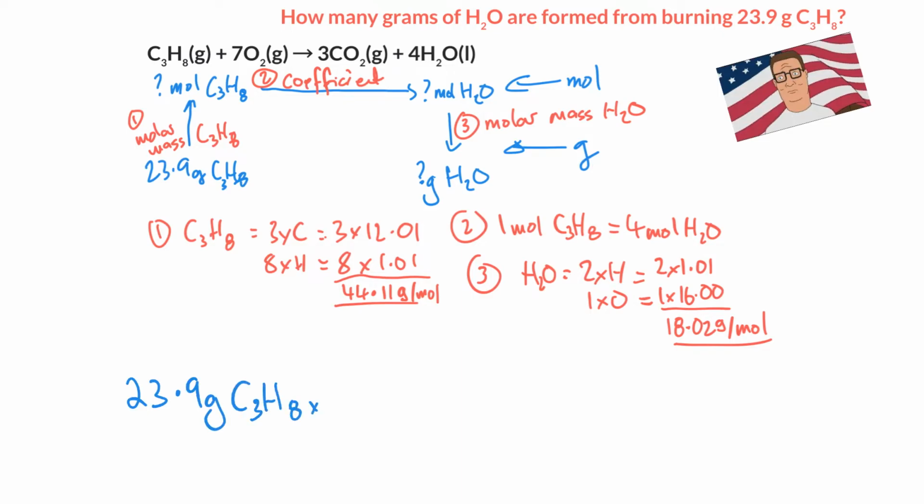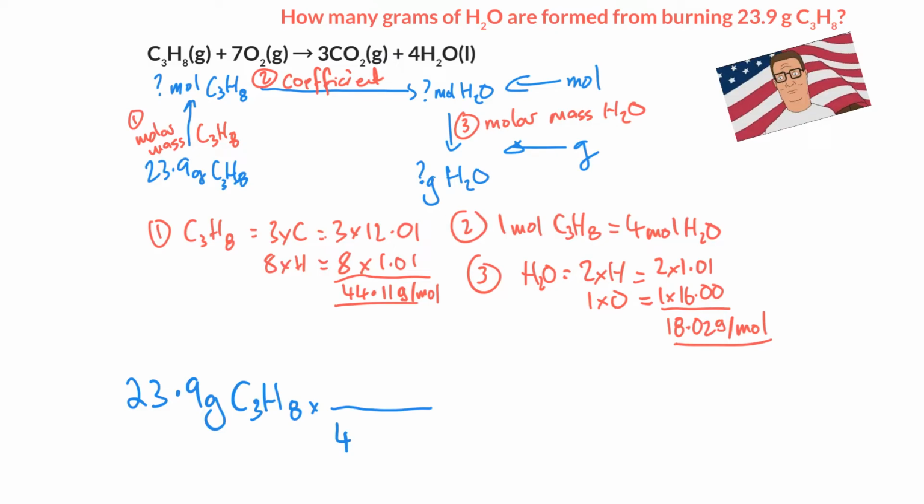And boom, we're going to multiply this sucker 3 times. So we're going to go from grams to moles. We need the molar mass of C3H8, so 44.11 grams is equal to a mole. So which way around do we write it? We've got grams to cancel, so we need grams on the bottom.